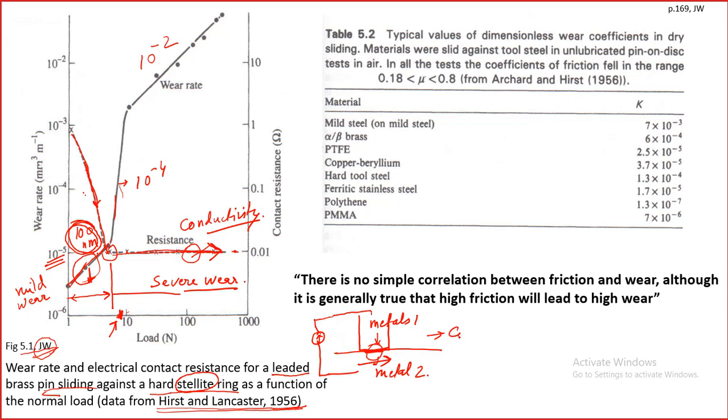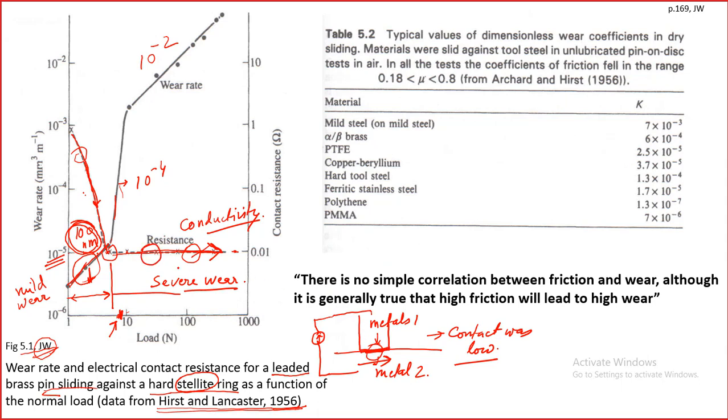The contact was low, because if contact is high, then obviously the current will pass through and the resistance will be low. Okay, so here the resistance is high, that means contact is not good, and here resistance is low, that means contact is very good.